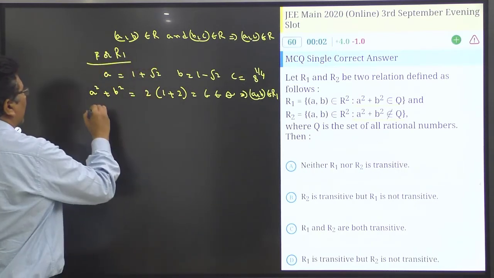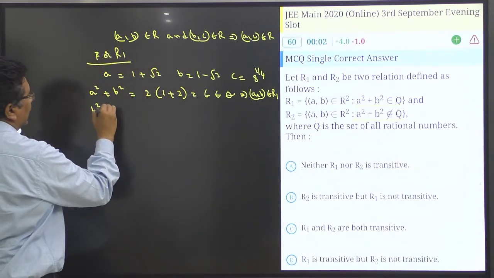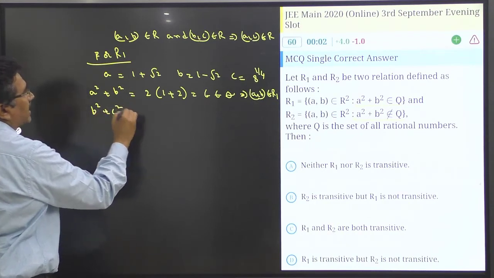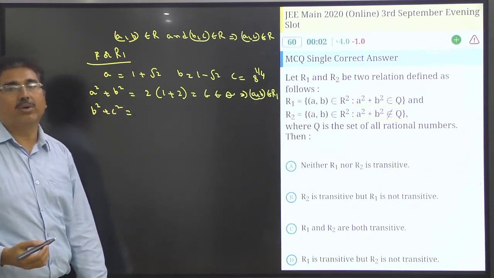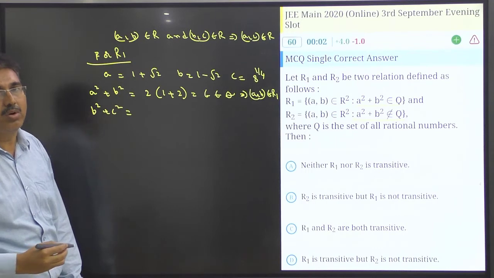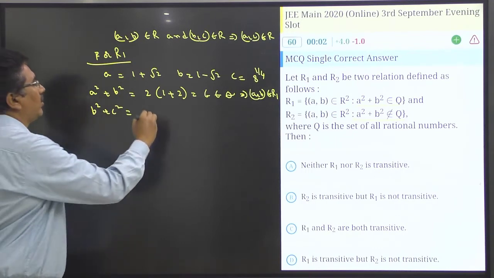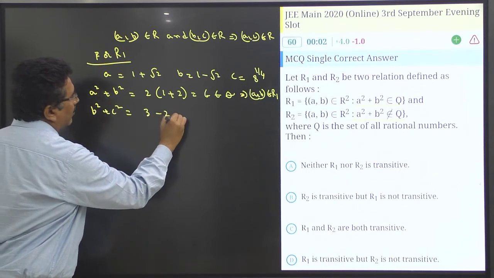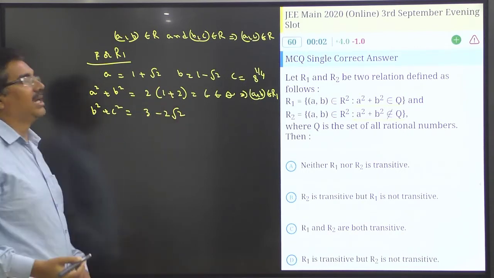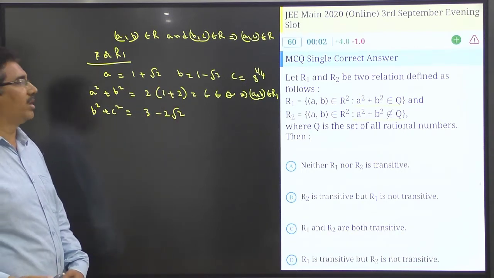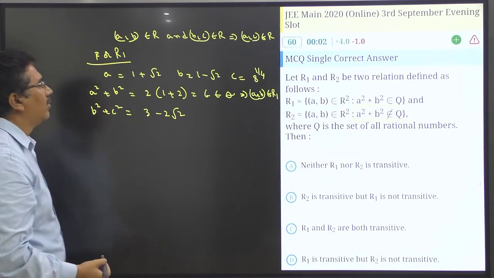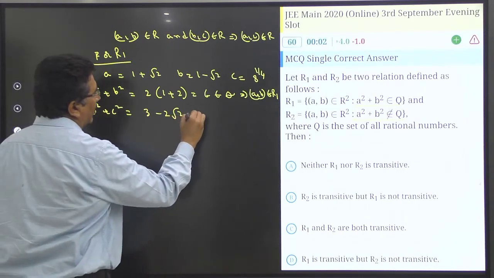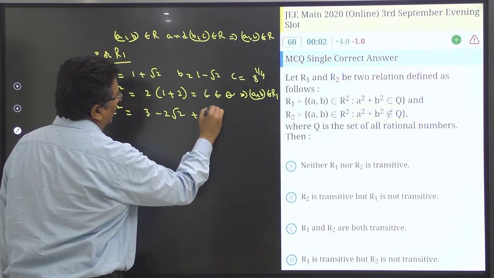Now consider b square plus c square. What is b square here? b square is 1 minus root 2 whole square, which is a square plus b square minus 2ab, that is 3 minus 2 root 2. Now what is c square? Root 8, that is 2 root 2.